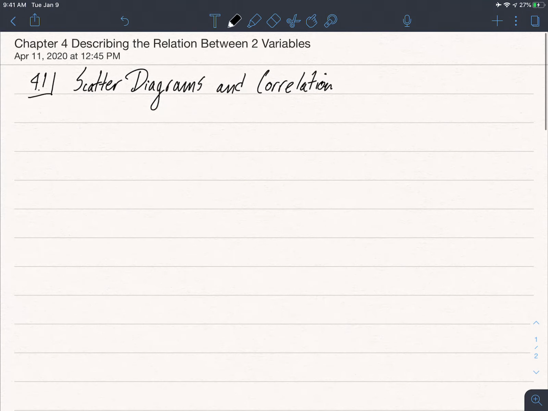Since the whole chapter is about describing the relationship between two variables, let's identify what the variables are.